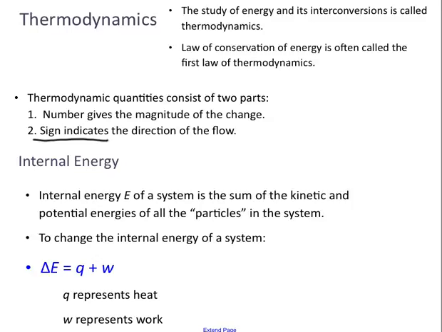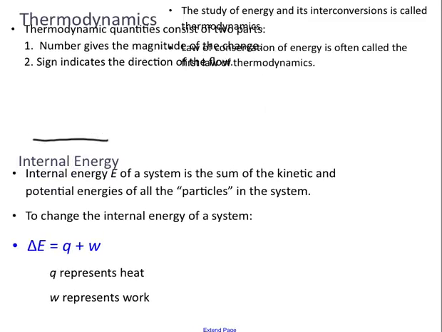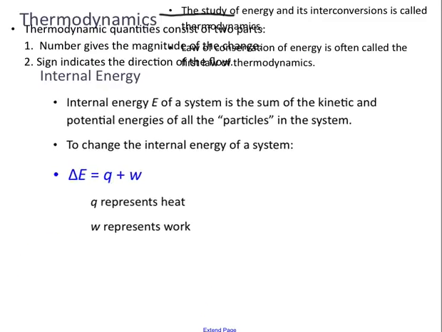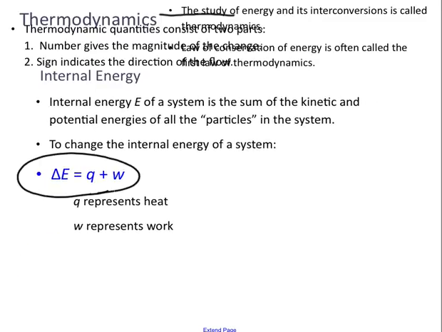So I want to look at first this internal energy calculation. To find internal energy, I'm trying to pull this down and I can't. We'll just move all of it up. Internal energy's equation is Q plus W. You do need to learn this. It is not on the sheet.